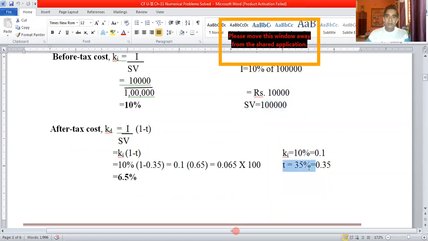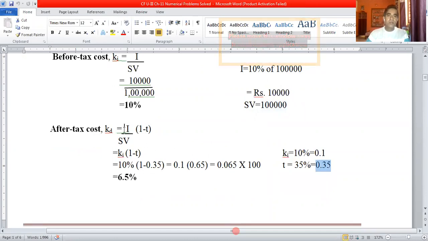T is 35%, which is in percentage, so we convert it into decimals, that is 0.35. Then we use the data in the equation. If you can recall, we'll simplify this equation.